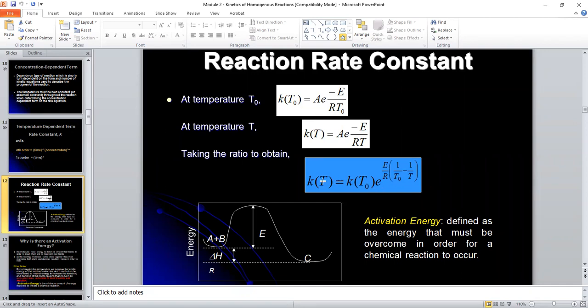How did this particular equation in blue come about after taking the ratio of the two equations in white? That's my simple question. Because this particular equation we will use later on in determining rate constants in terms of data given to us for two different rate constants at different temperatures.